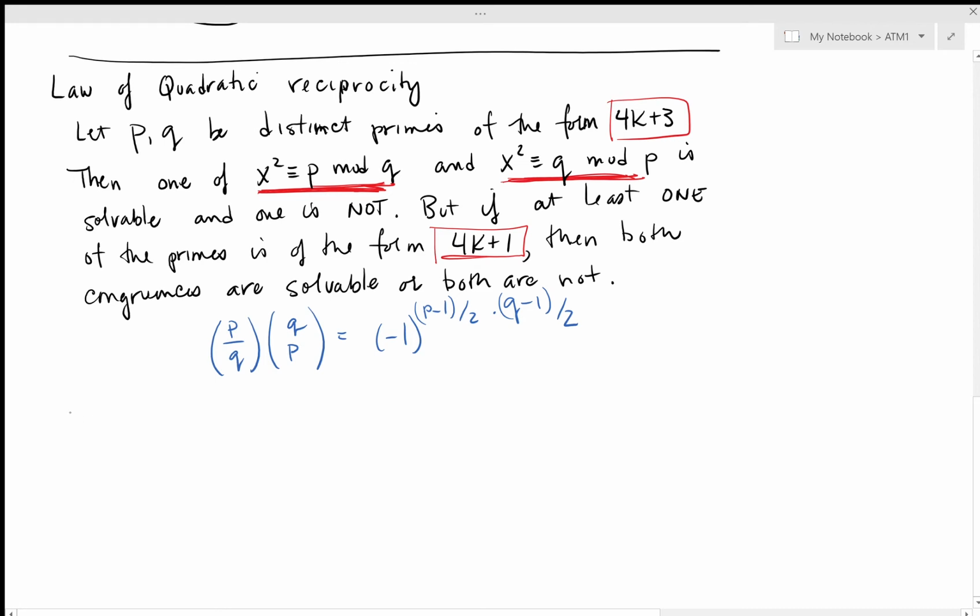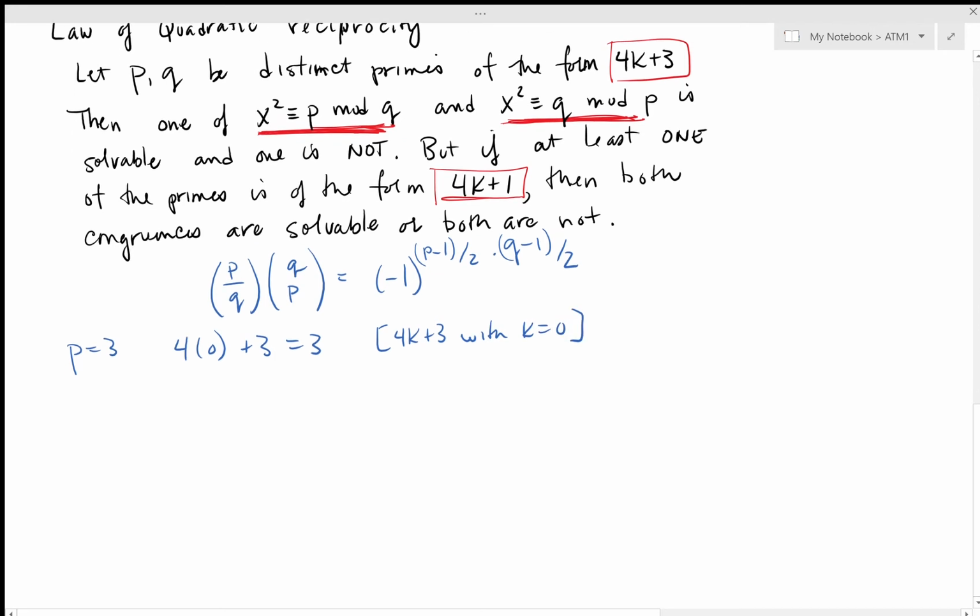Let me take, say, p equal to 3. That's a prime number, and I write it in this form: 4 times 0 plus 3, that is equal to 3. So this prime number, p equals 3, is of the form 4k plus 3 with k equal to 0.